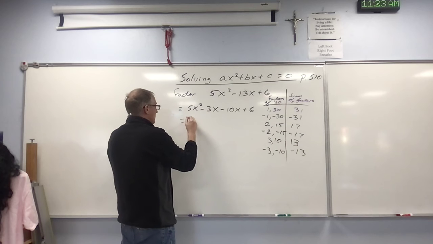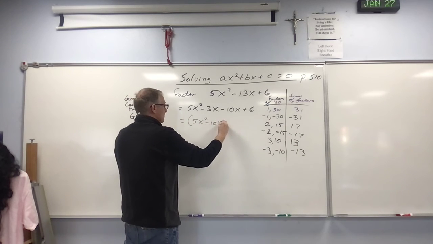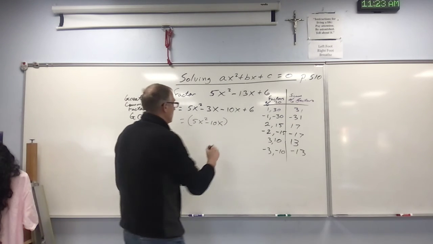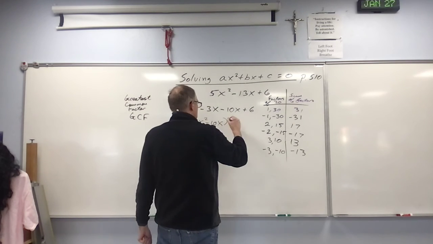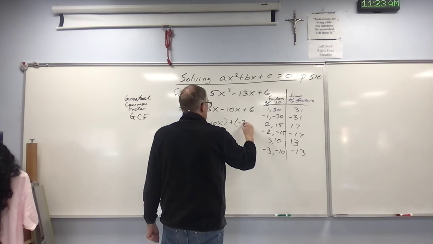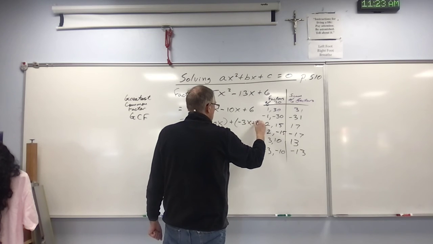So let's do this. I'm going to group this like this: 5x squared minus 10x, so I'm just regrouping these things, plus negative 3x plus 6.